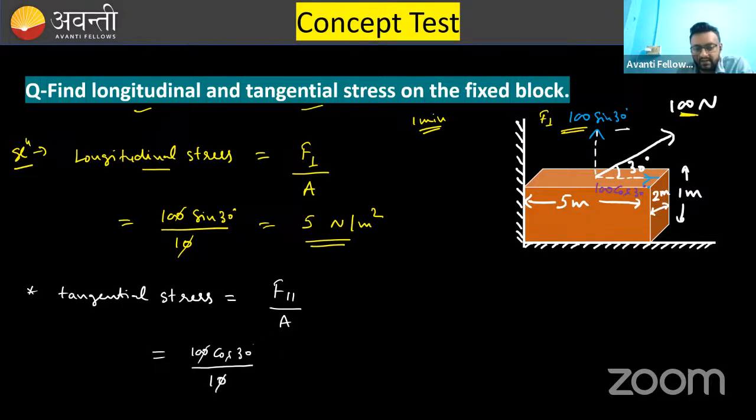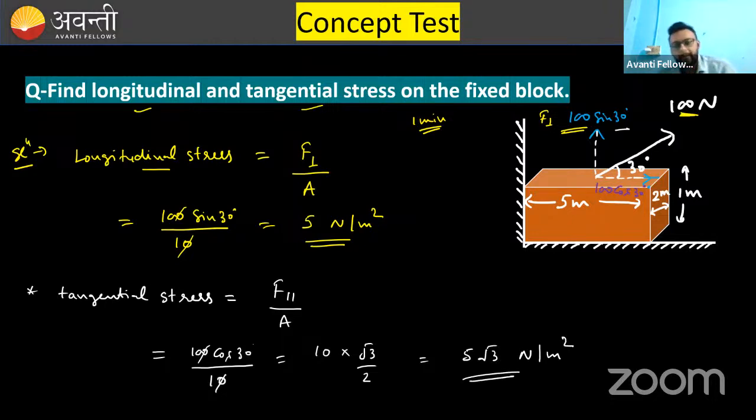Again, the zeros will get cancelled out. This is 10. Cos 30 is root 3 by 2. So it is 5 root 3 Newton per meter square. I think it is clear. Both these questions are clear to you.